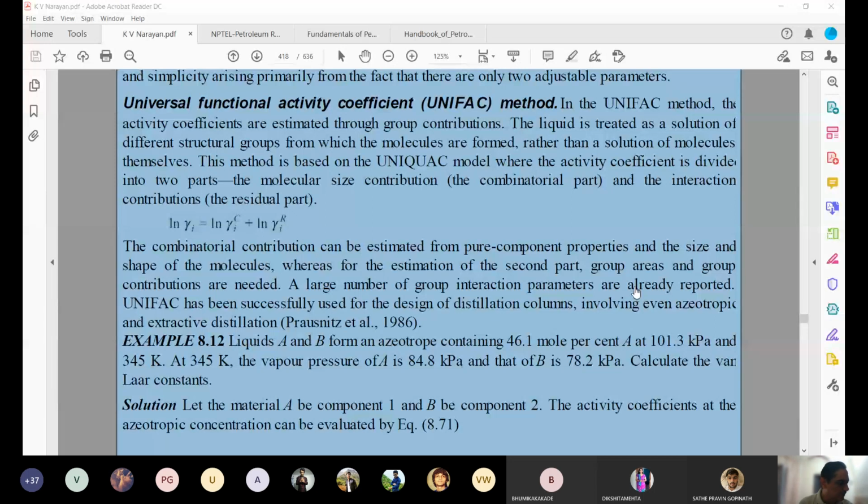Okay, so now once we find the Van Laar constants, suppose you want to find the activity coefficient at a different composition of the same solution.